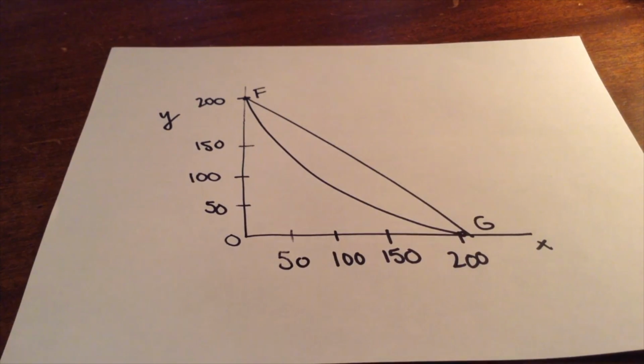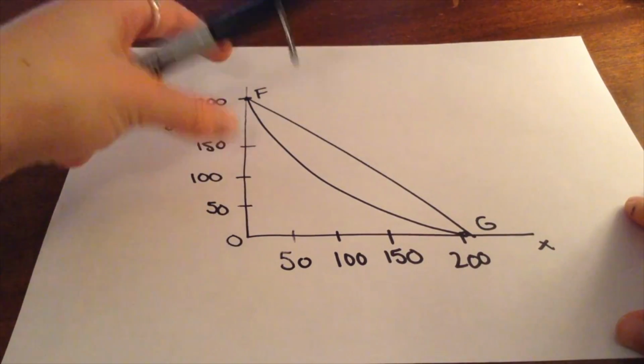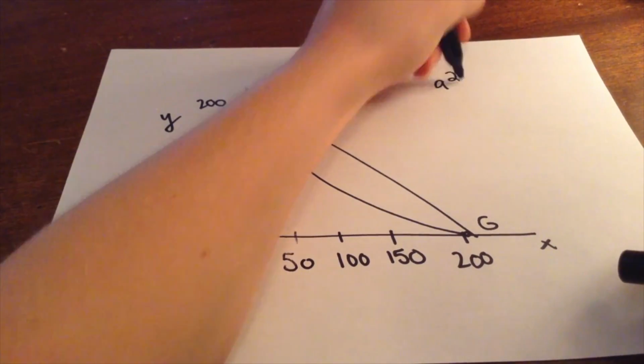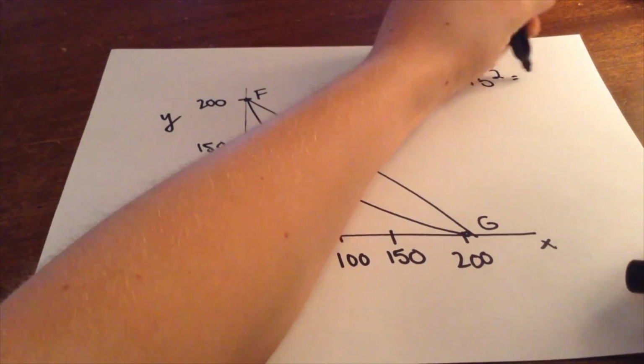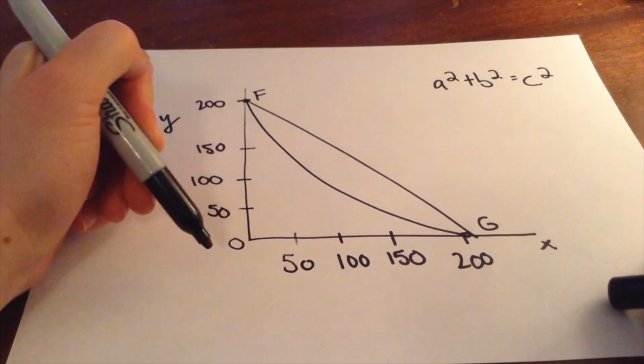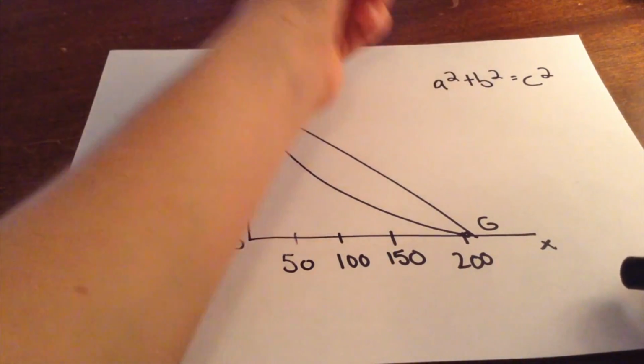Okay, so then 33 says, the length of this curve is longer than line segment FG. About how many coordinate units long is FG? Because this thing just looks like a triangle to me, I would just use the Pythagorean theorem, a squared plus b squared equals c squared, to find the length of FG. So this side A would equal 200, and B would equal 200 again.